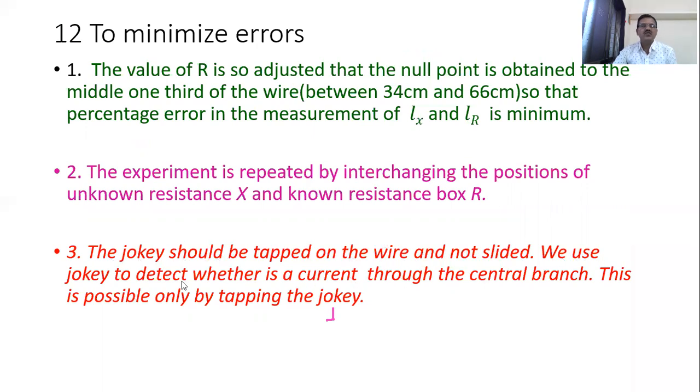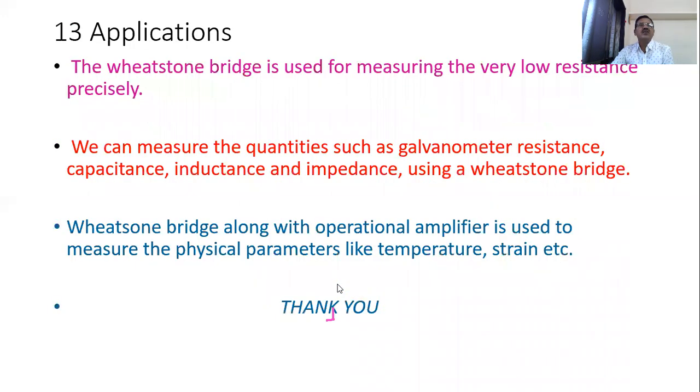We use the jockey to detect whether there is a current through the central branch, and this is possible only by tapping the jockey.